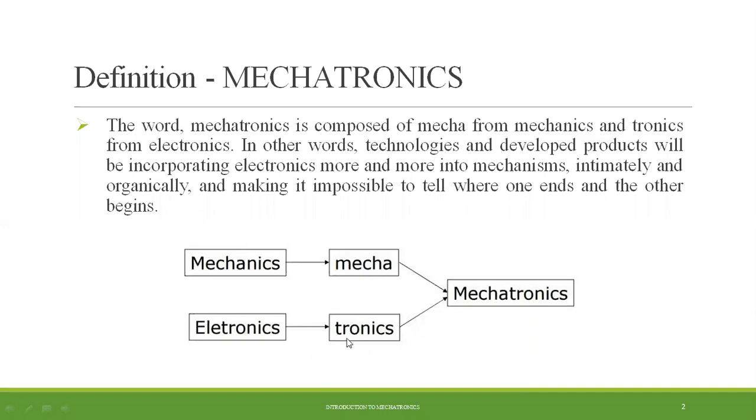And from electronics, 'tronics' has been taken, and after the combination, mechatronics came into force. So the technologies related to both the mechanical aspects as well as the electronic guidance system are merged indeed to obtain a particular component which will be operated by the combination of both technologies, and is called a mechatronics system.